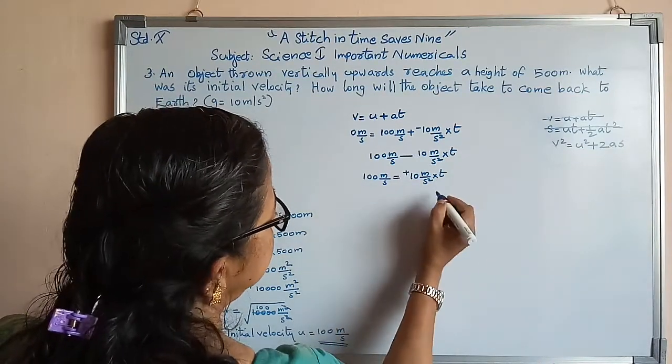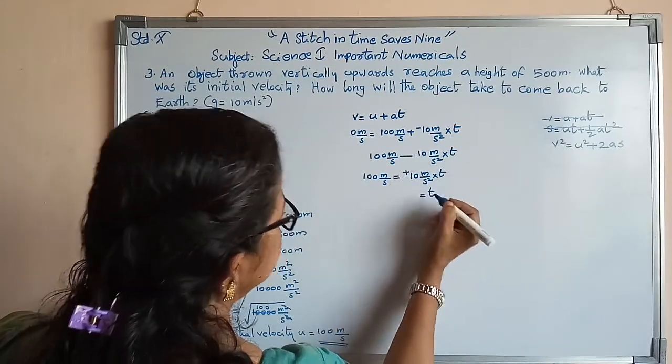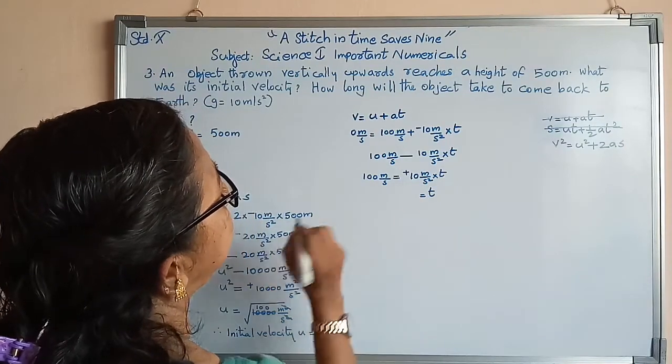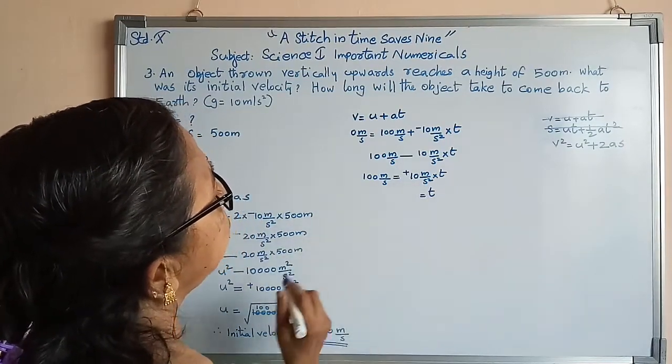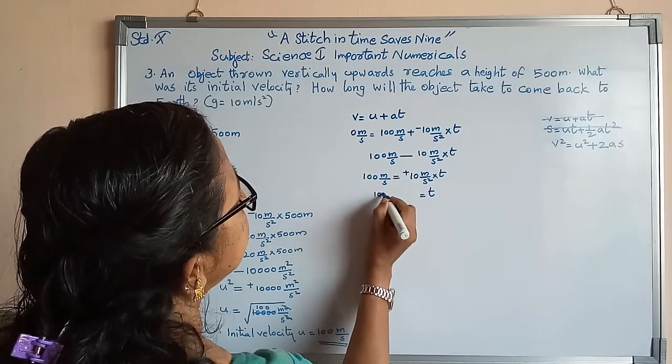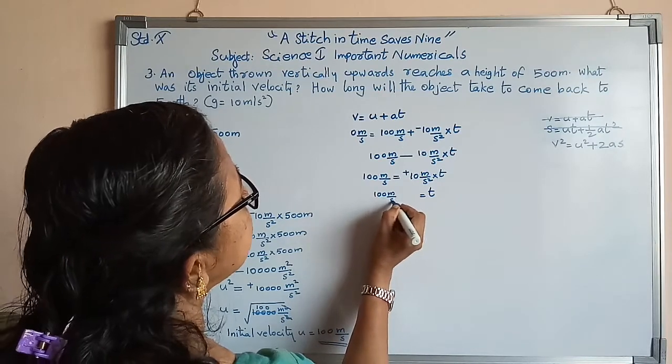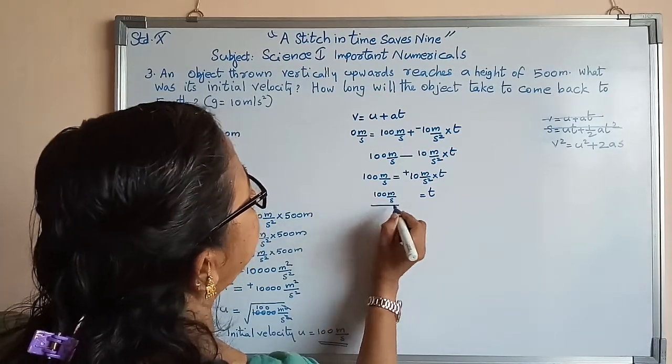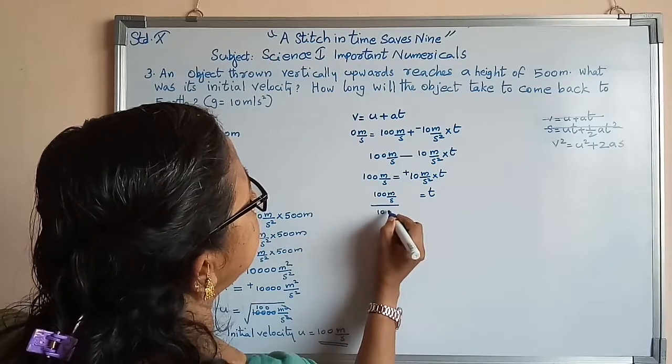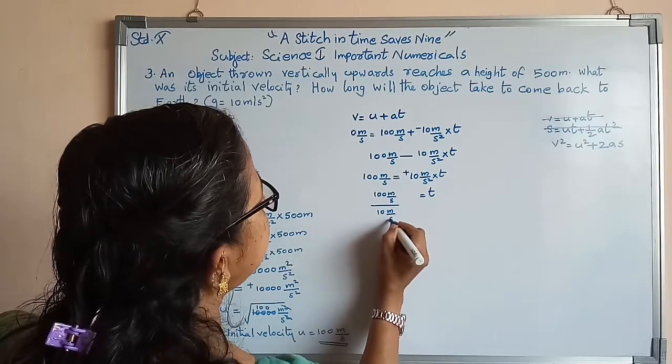Now from this we will find t. T is equal to, this value then will come down, because here into form is there. So 100 meter per second upon 10 meter per second square.